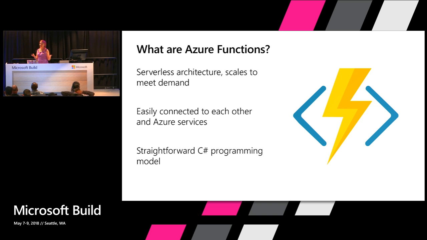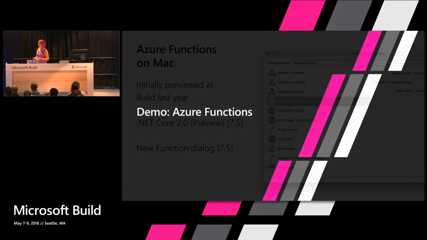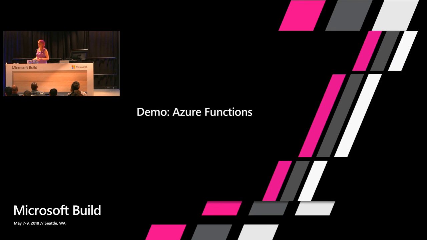They're super easy to connect to each other and to various Azure services like queues and blob storage and so on. And there's a very straightforward C# programming model that you just saw. But you can also use it with other languages, just not in VS for Mac. Yeah, and I told you this already as well. So all of that stuff is new in the 7.5 preview, which you can download today.